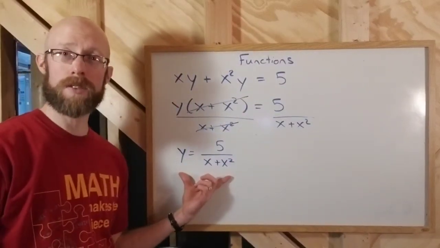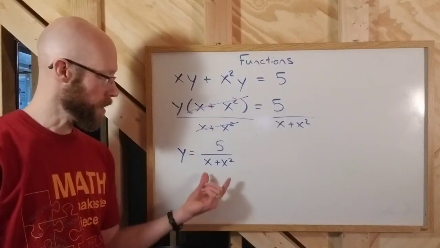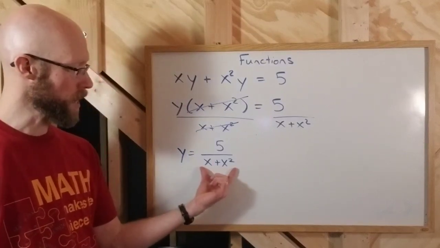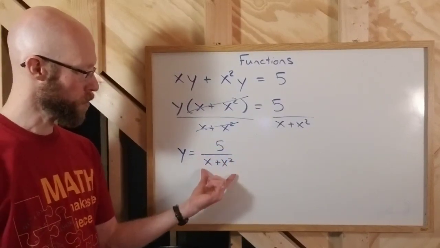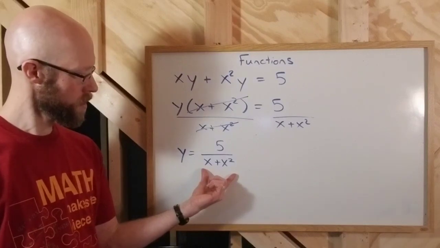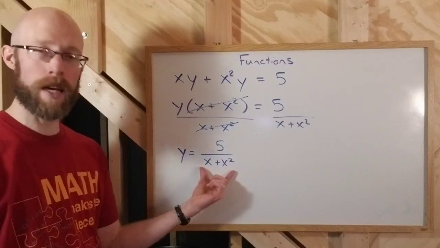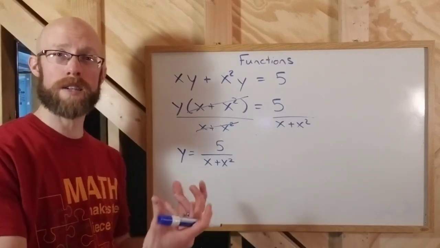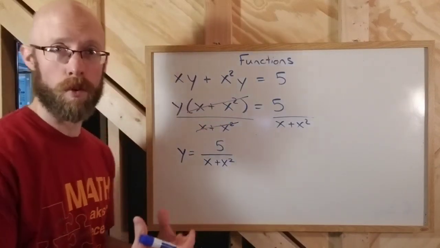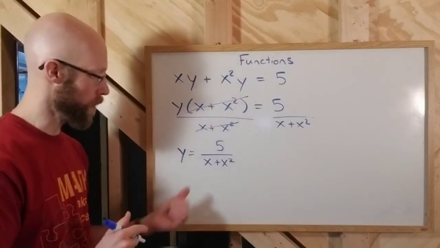Now this is a function. No matter what I plug in, there's no way to get two possible outputs, or more. You're only going to get one output. Why is that?